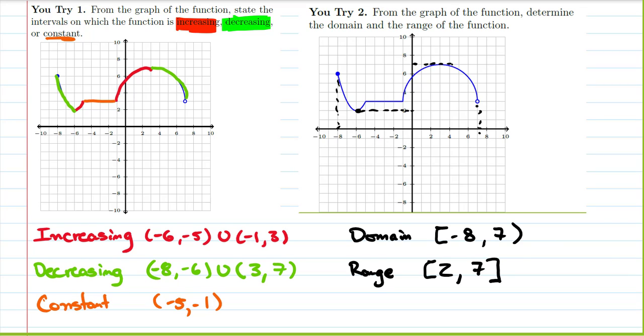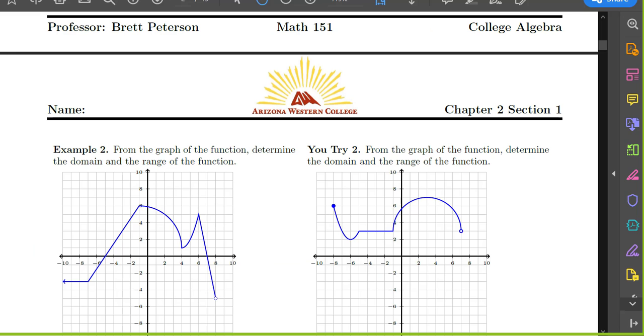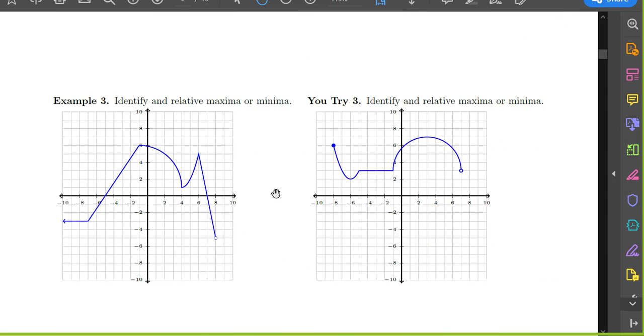So our range is from 2 to 7, and our domain is going to go from -8 to +7. Okay, so hopefully we're feeling okay with those for a second. So now let's take a look at our next one.